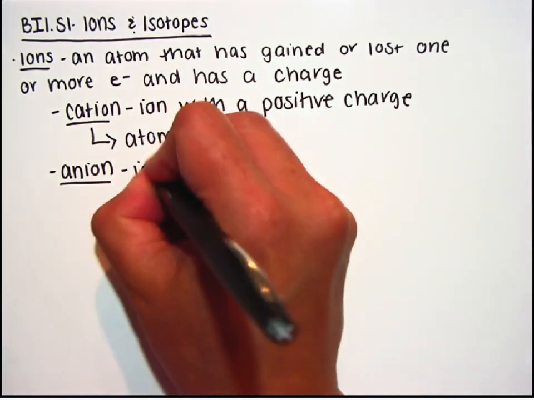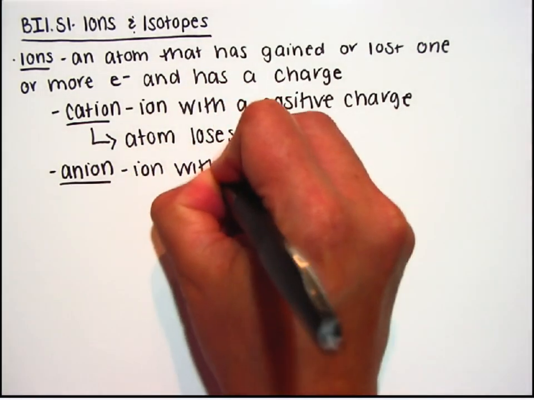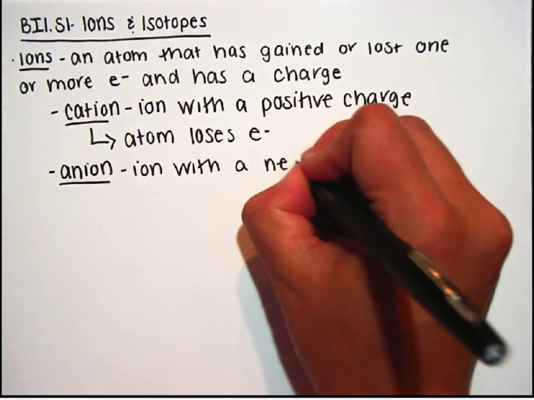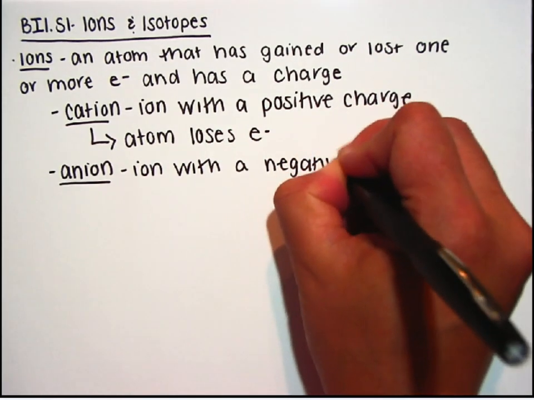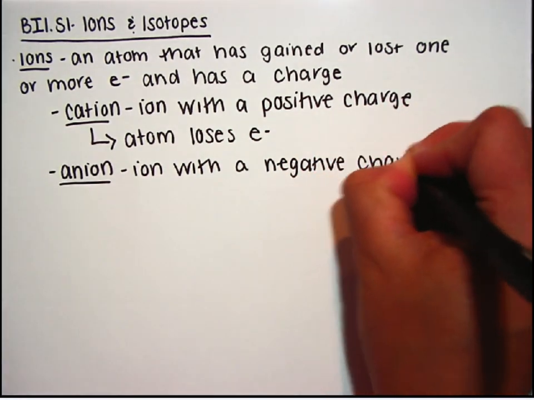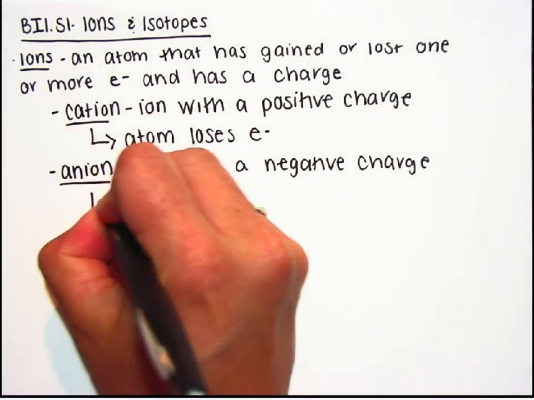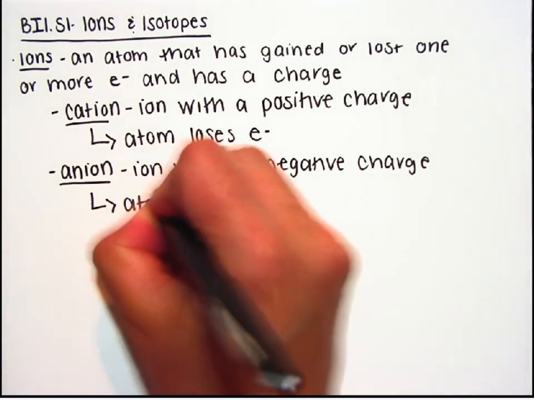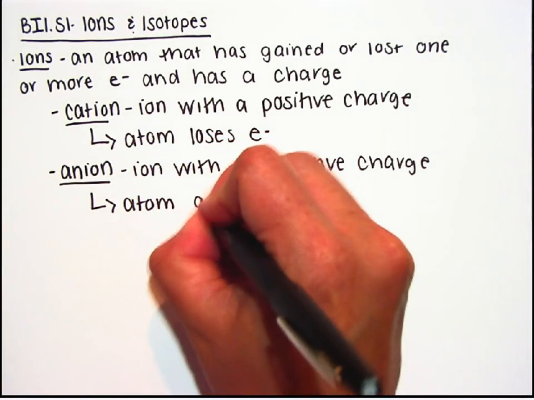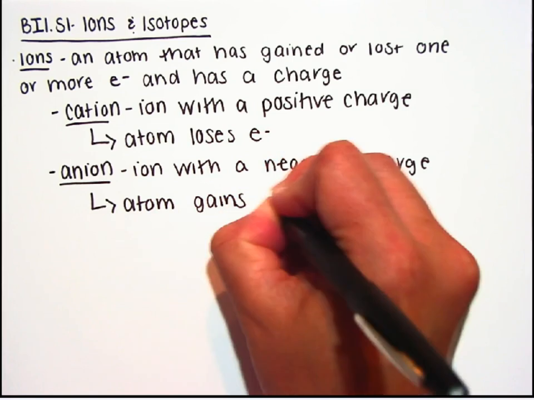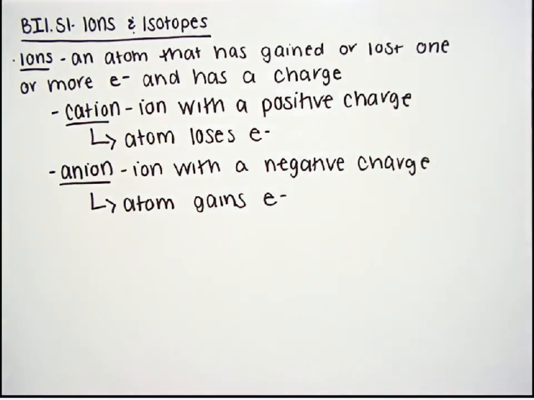An anion is an ion with a negative charge. Cations are positively charged, anions are negatively charged. The way that an atom becomes an anion is that the atom gains electrons. So again, electrons are negative.